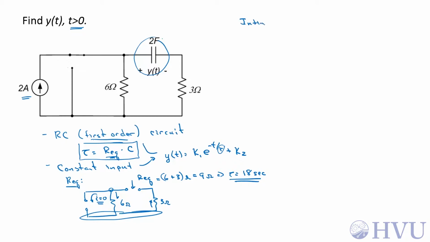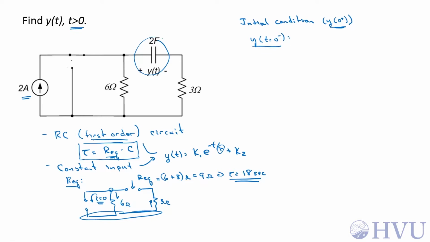So to get our initial condition, we need y at t equals 0 plus, but we don't know anything about that unless we invoke the fact that a capacitor voltage can't change instantaneously. So what we're actually going to do is find y at t equals 0 minus.